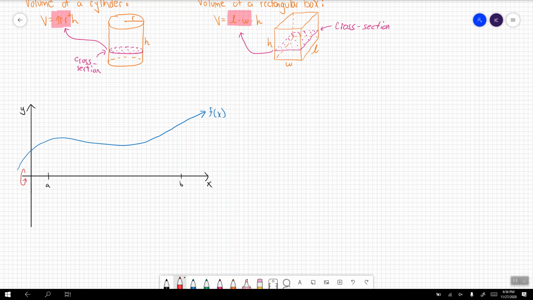And as we rotate this function around the x-axis, what's going to be created is going to be this figure that has a volume. And it's going to be our job to figure out what the volume is. So let's go ahead and work on this rotation here. Okay, so this value is going to come rotated right down here. This value way up here is going to come rotated outward this way.